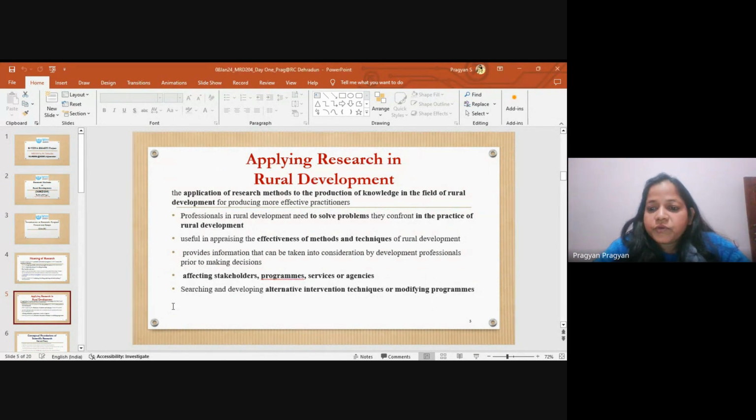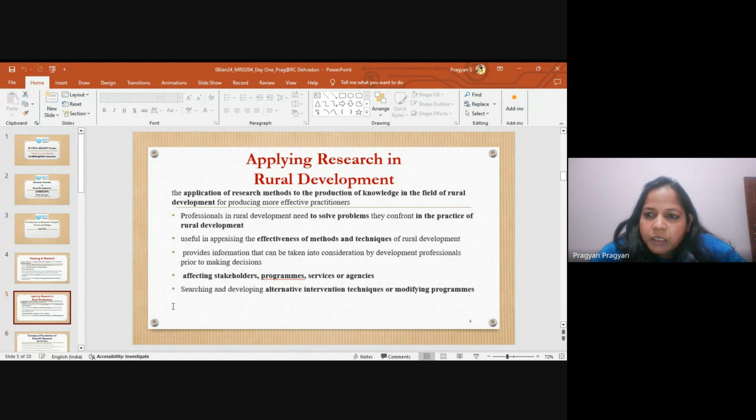Let me tell you very frankly, gap of knowledge is the real problem in this whole process of scientific investigation and research. Either we are conducting a research in a lab, or we are conducting this research in case of rural development.